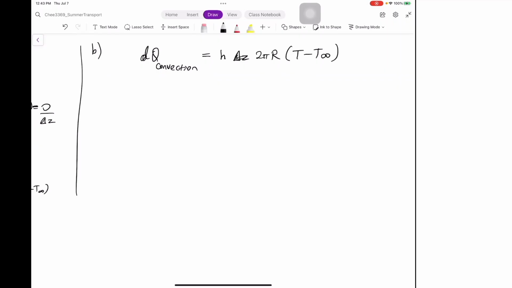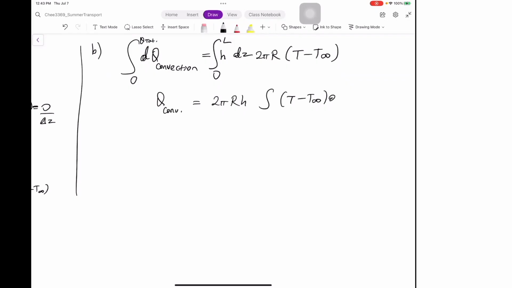So basically this delta Z is nothing but dz for our case. And you integrate dz from 0 to L, and this is going to be your total. And then you would get the total Q lost by convection equal to 2 pi r h integral from 0 to L of T minus T infinity dz.